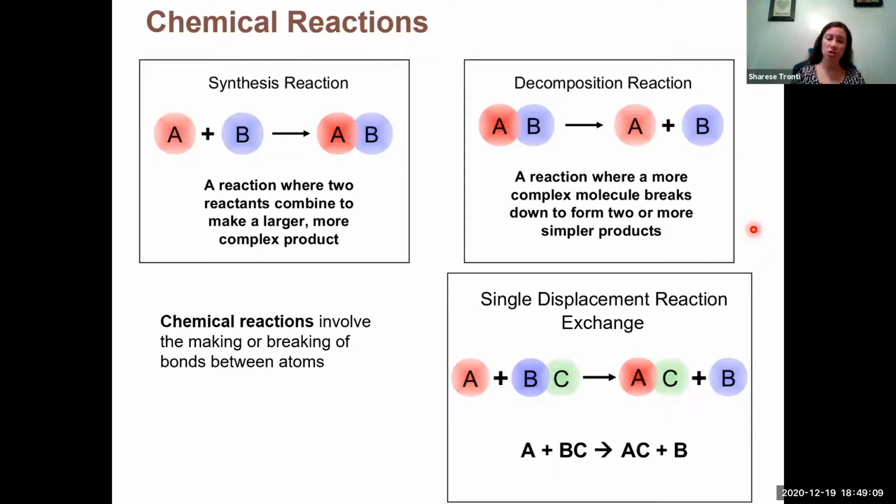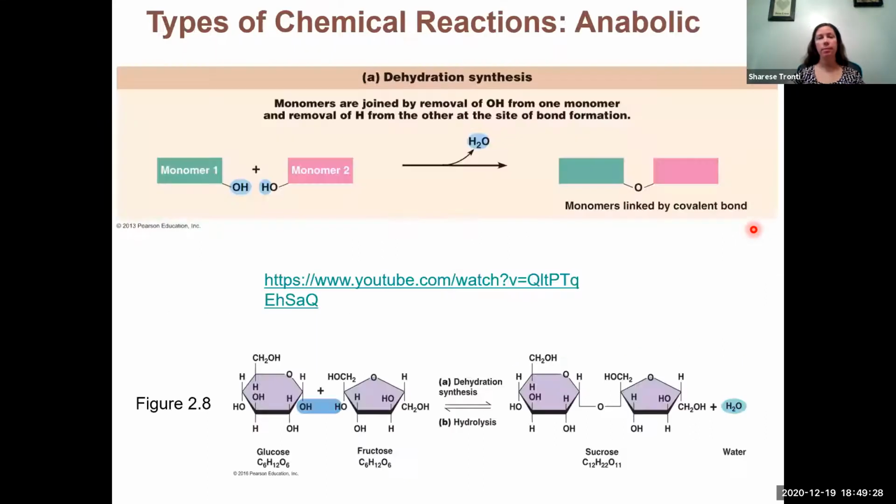Or an exchange reaction, where it's just going to exchange some of those reactants to make new products. In order to do any of these chemical reactions, it's going to be making or breaking the bonds between these atoms. So those are our generic types of chemical reactions.